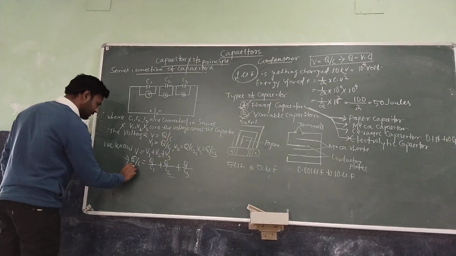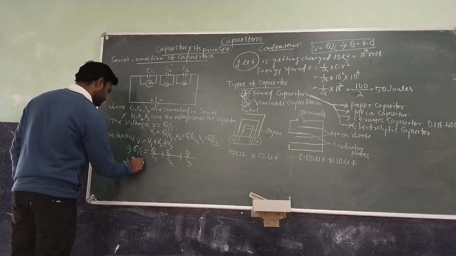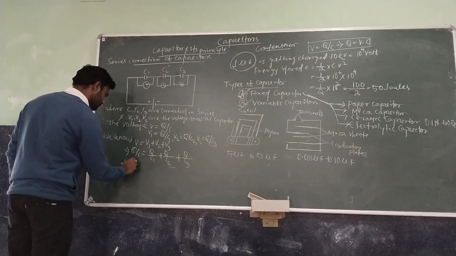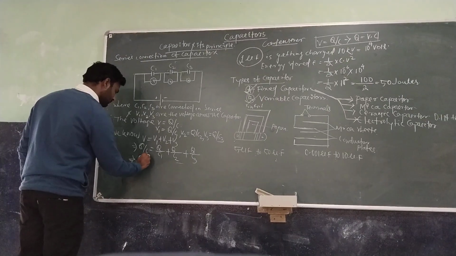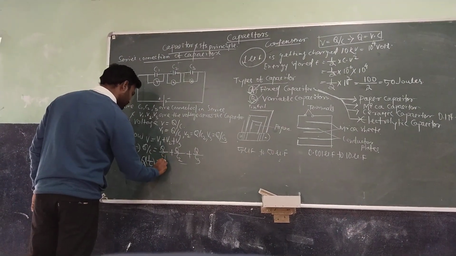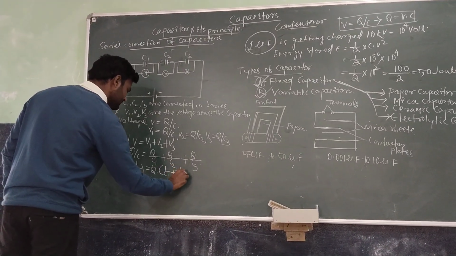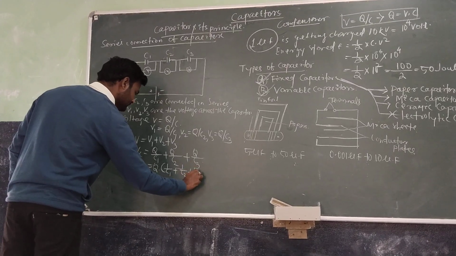Taking Q common, 1 by C is equal to Q into 1 by C1 plus 1 by C2 plus 1 by C3.